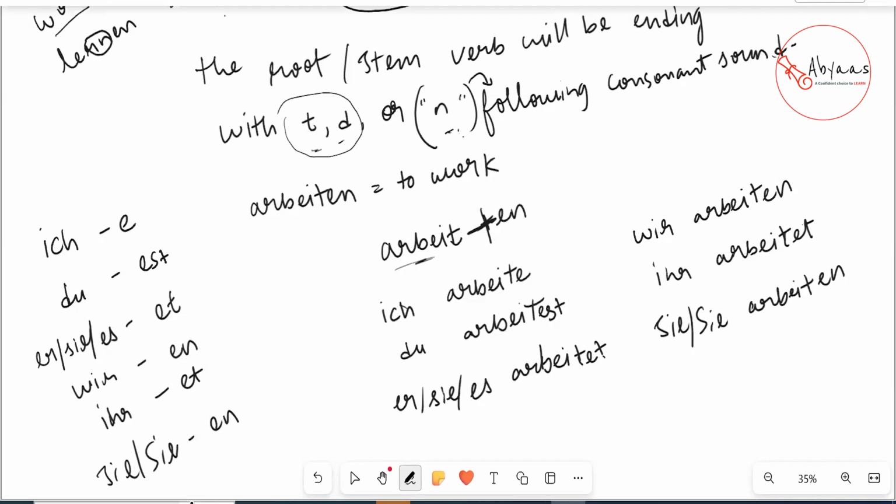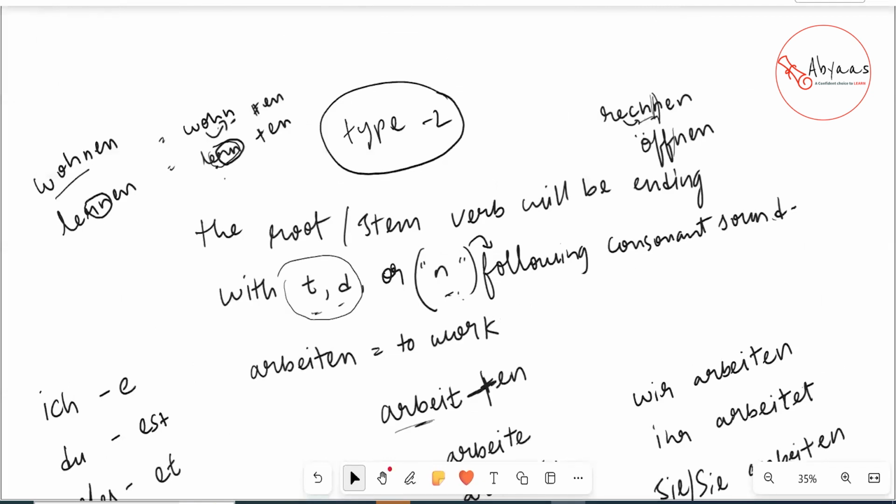In this definition, you are saying that the root will be ending with d, t, or n following a consonant sound. That I understood. I gave you an example of this, right? Let's say it's ending with n. So n following a consonant sound.